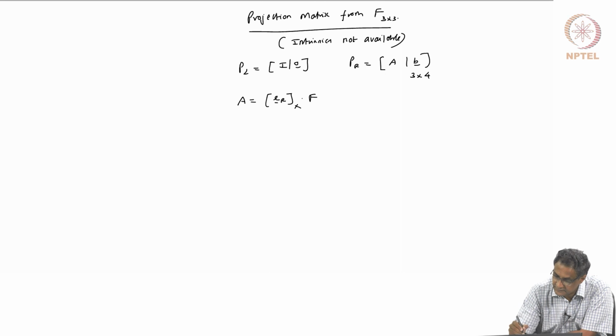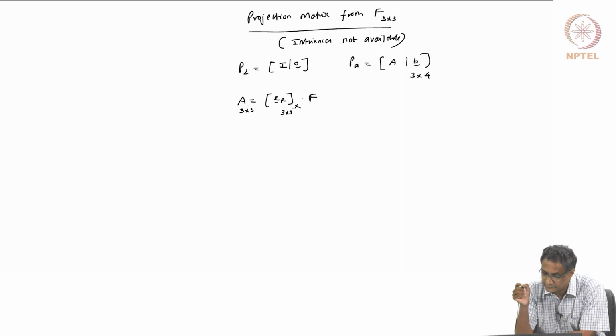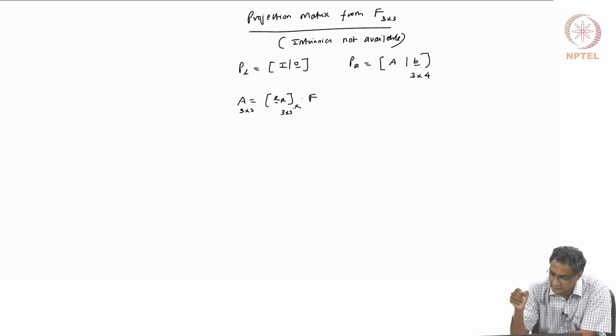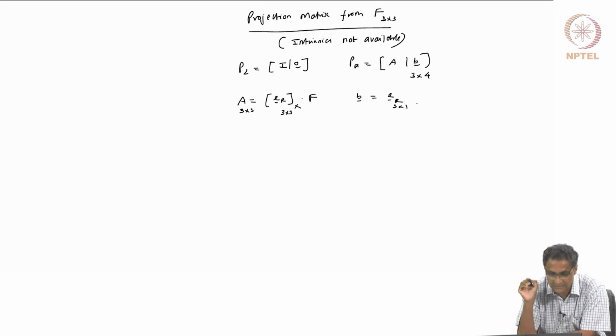This is ER expressed as a matrix in cross product form, and F is the fundamental matrix, and B itself is ER, which is 3 cross 1. One possible choice is this.